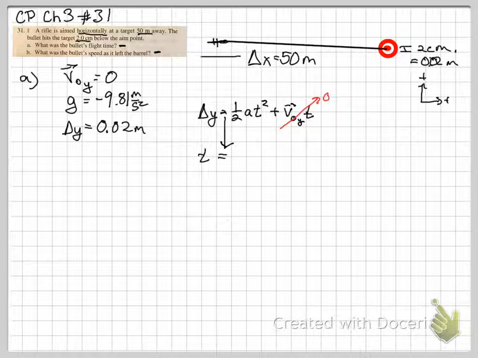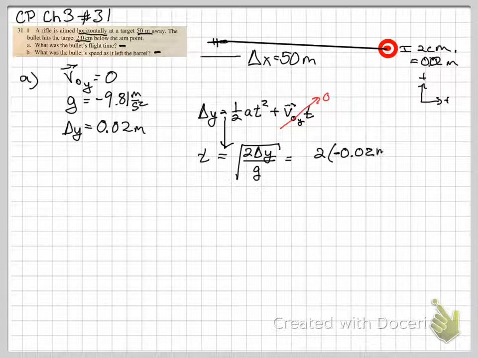Through your algebra, you should come out with something that looks like this, all under the radical sign. Then you can substitute in the numbers: 2 times negative 0.02 meters.